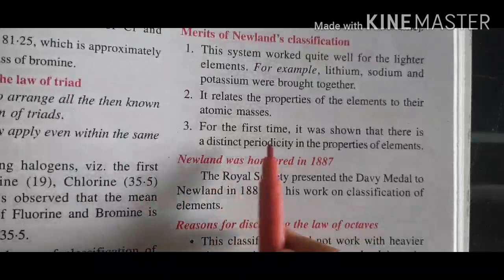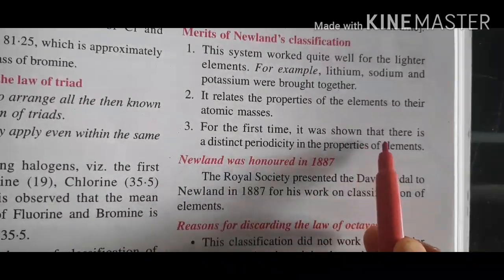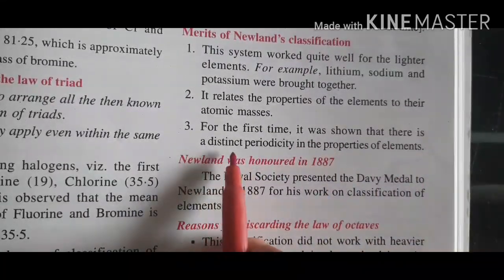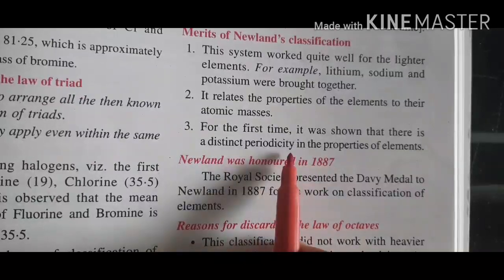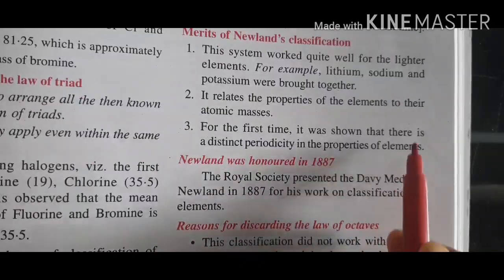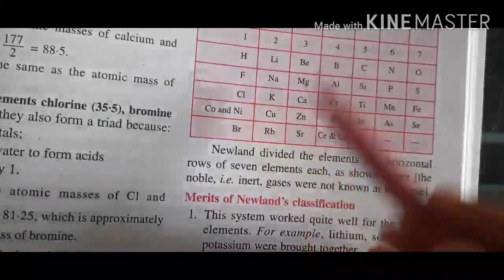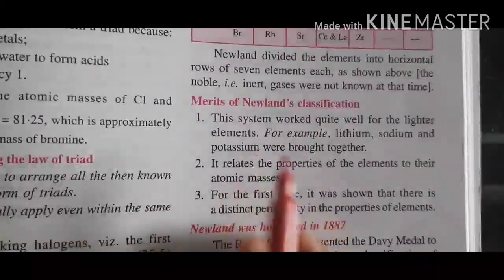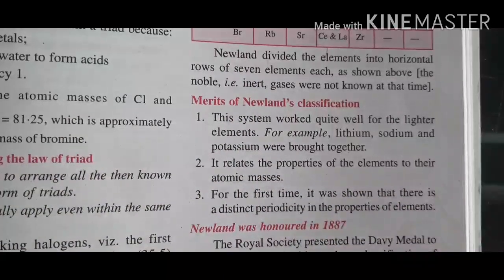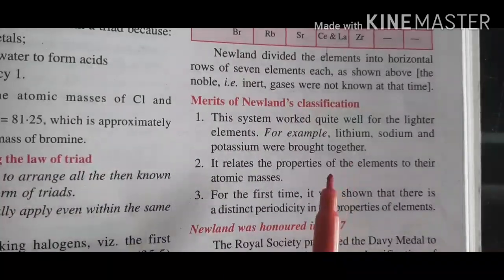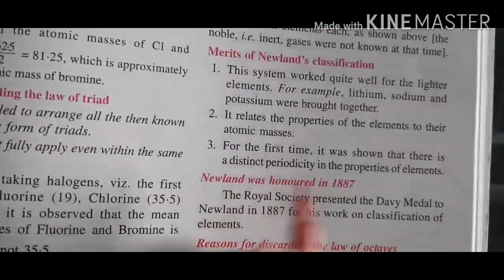Third, for the first time it was shown that there is a distinct periodicity in the properties of the elements. So for the first time he found this type of rows and the proper arrangement of elements in a particular group. So he became very successful at that time.